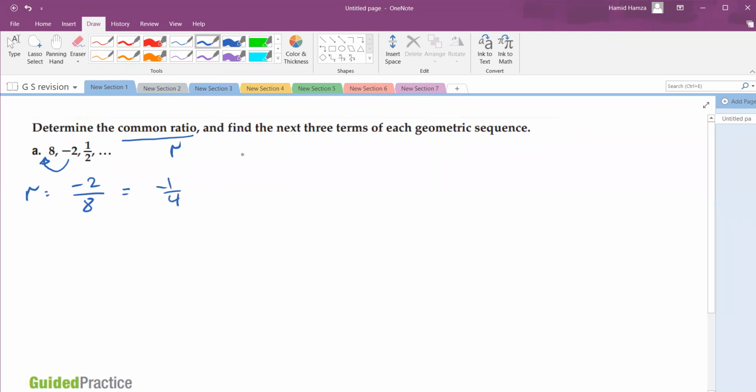So this is the common ratio. And after that, we wanted to find the next three terms. After knowing the common ratio, it's very easy to find the next three terms by multiplying the number by the common ratio. So if you multiply -1/4 by 1/2, the answer will be -1/8.